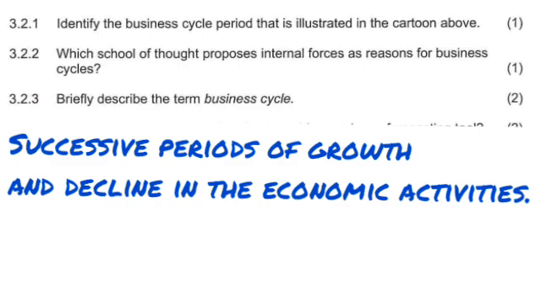The key words here are successive periods, and we want to see the economic activities. So whatever there is, a successive period of some sort of movement in the economic activities. That is what your keywords are. Simply put, successive periods of growth and decline in the economic activities. When you're looking at the business cycle diagram, it goes up and down, the trough and the peak. That is the up and down, or the growth and decline, that we are talking about.